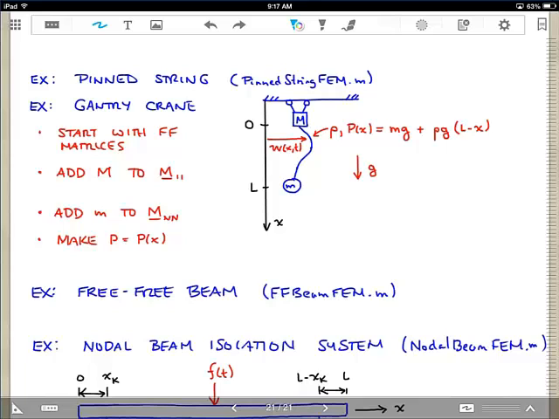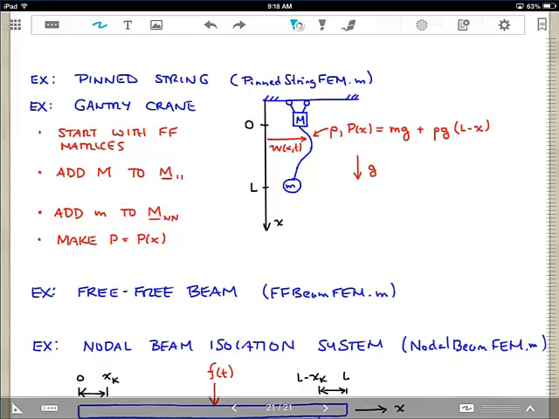So what we're going to do with this problem is start with the free string matrices, the ones where we started out initially without taking out the last and first rows and columns. We're going to add the capital M to the first element of the mass matrix, because this finite element approach can have a distribution of mass as a function of x.